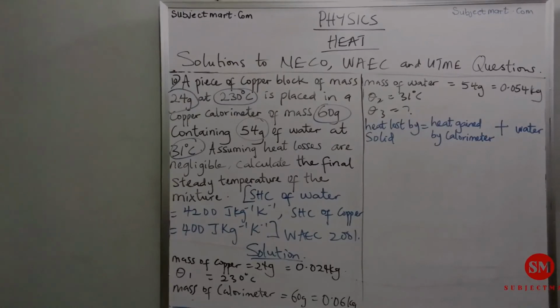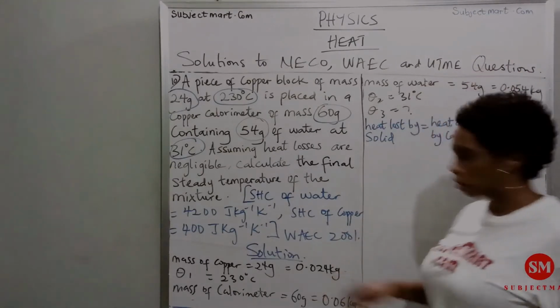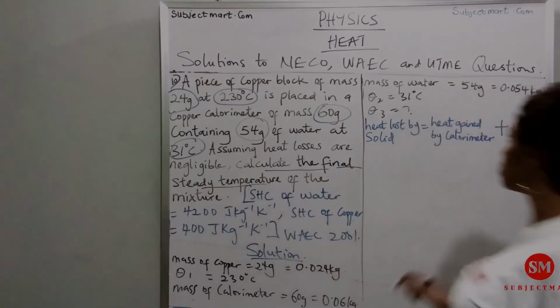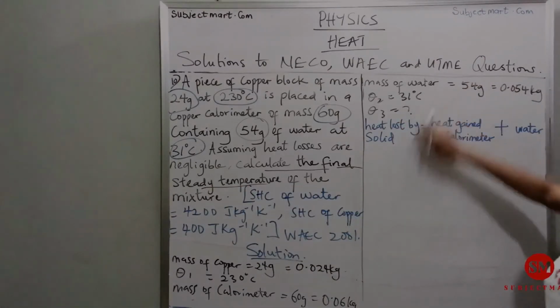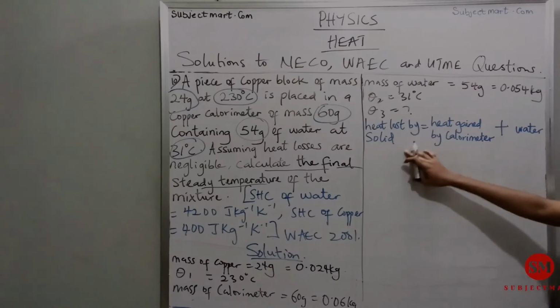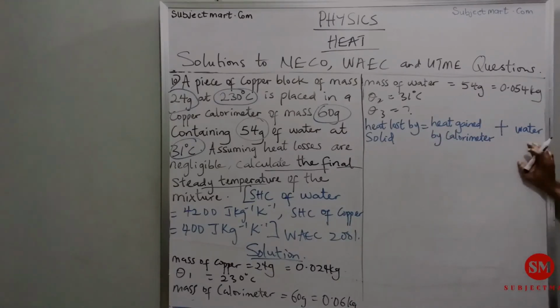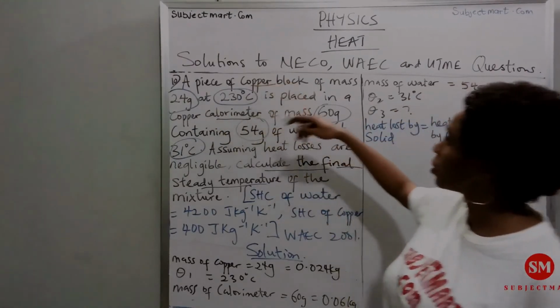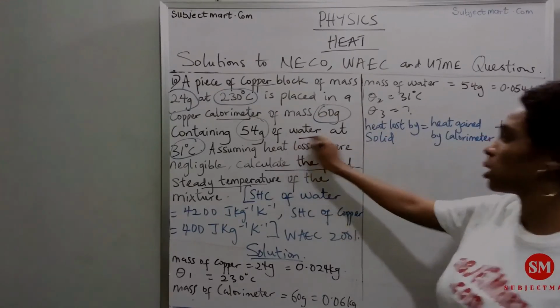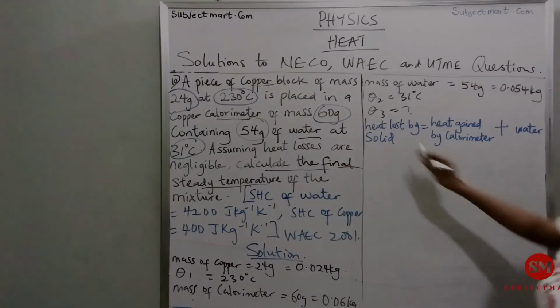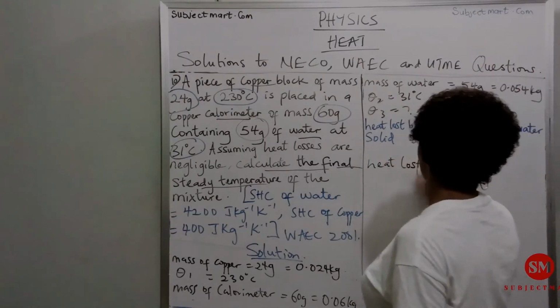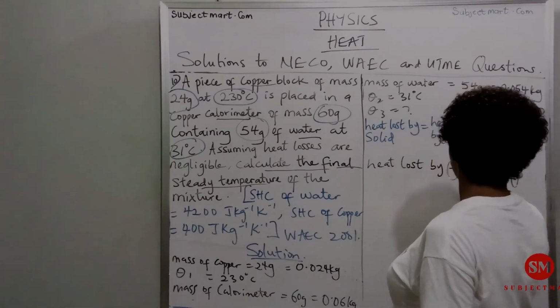Our last question. Here are the parameters. We are asked to calculate the final steady temperature of the mixture, which is theta 3. So heat lost by solid is equal to heat gained by the calorimeter and water. In this case, heat lost by copper is equal to heat gained by calorimeter and water. So let's calculate the heat lost by the solid.